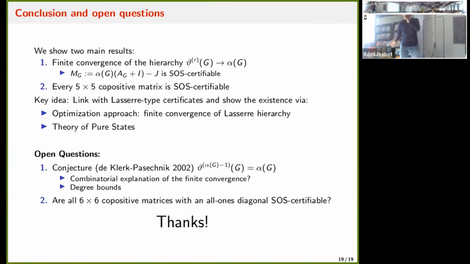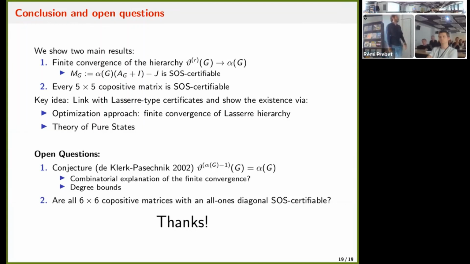Forget alpha of G minus 1 as a bound, but is there any chance that some bound can be extracted from the general pure state? We don't know yet. It's a question that we care about, but we don't know so far.